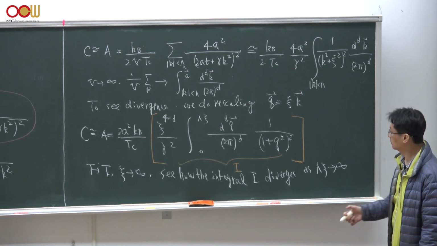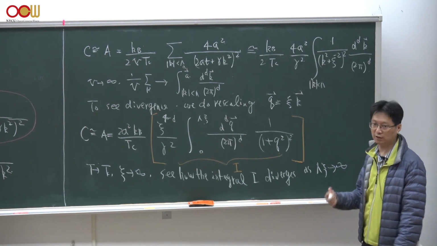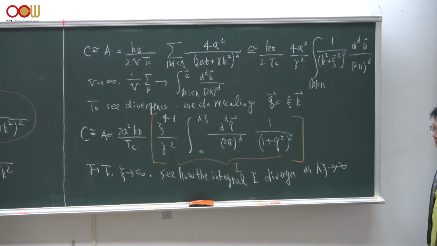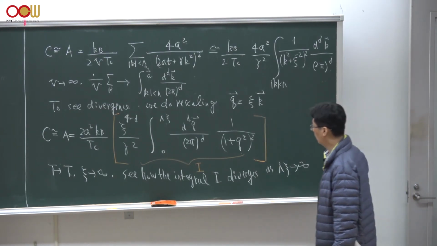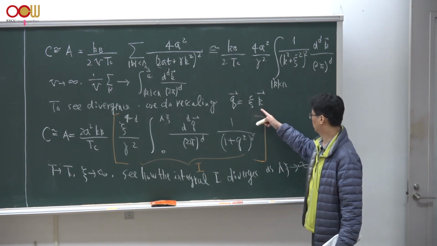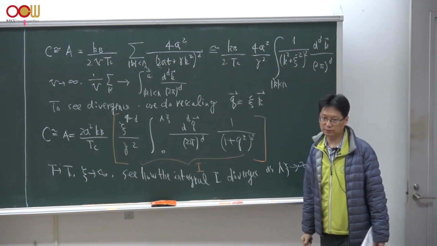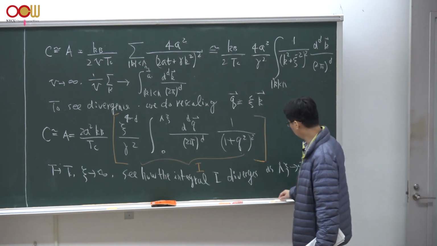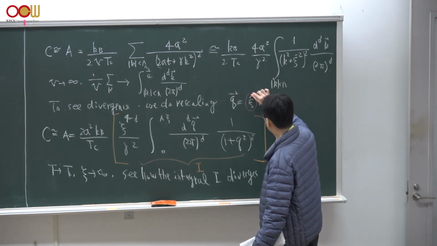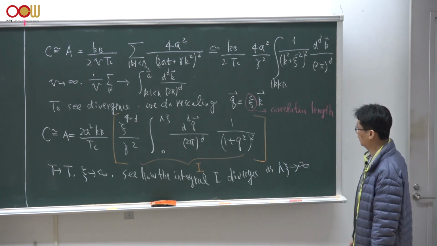To see the divergence in this A integral, we need to rescale the variable k in order to really see how it can diverge. To that purpose, we introduce a rescaling of the momentum variables by a factor of ξ, which later we'll see is nothing but the correlation length, which will diverge at a transition.